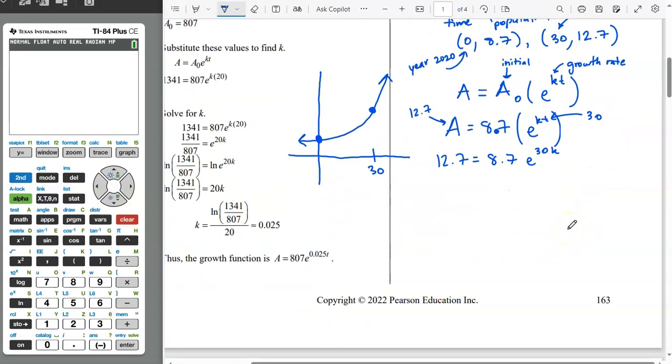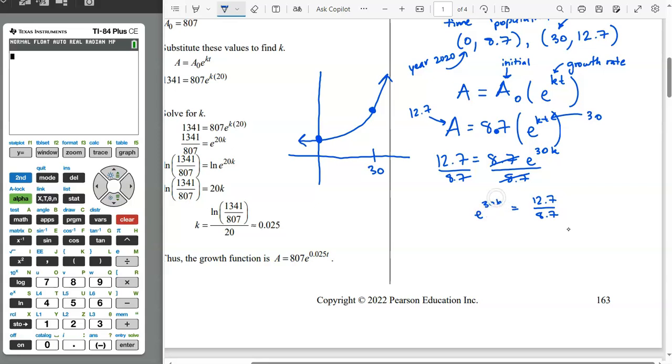And so now we need to solve this for k. So we can divide both sides by 8.7, and then the 8.7s over here cancel. So we'll have e to the 30k equals, I'm just going to leave it as a fraction for now so that we don't round prematurely. It's safe to do this one.